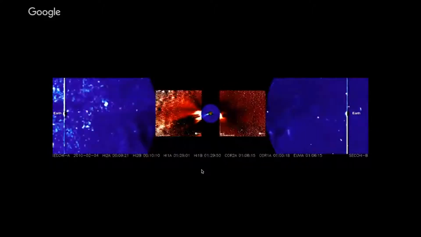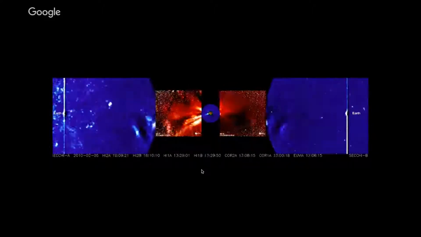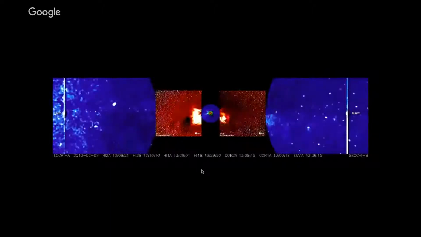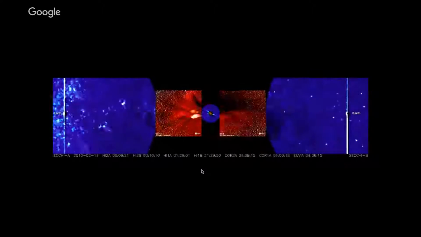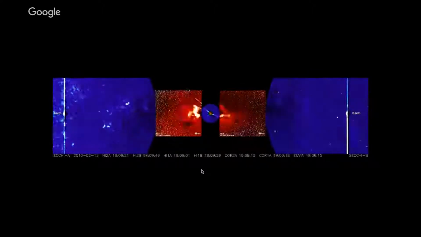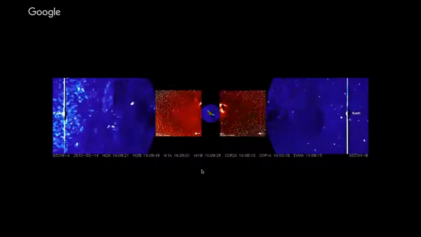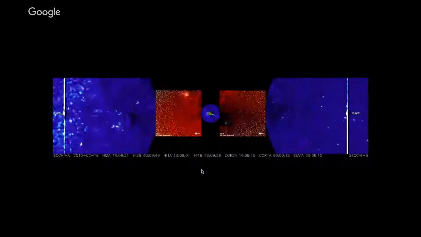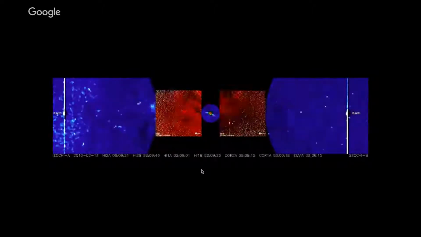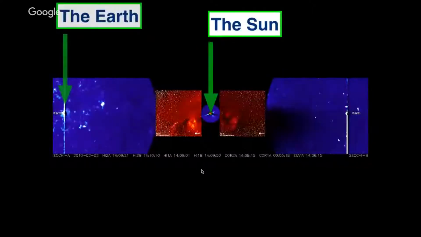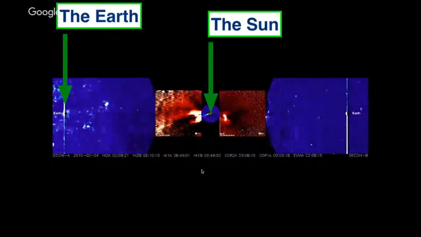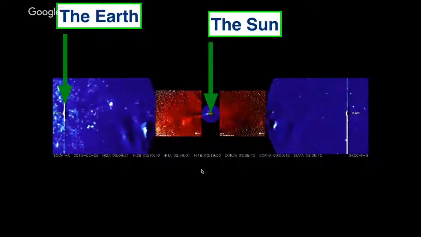And we finally could detect the edge of the sun's atmosphere at that distance when the Voyager 1 spacecraft reached it in the summer of 2012. So imagine that the sun creates this huge bubble of magnetized gas because of this outflowing atmosphere. There's the sun in the center, there's the Earth, and we're sitting in this expanding atmosphere.